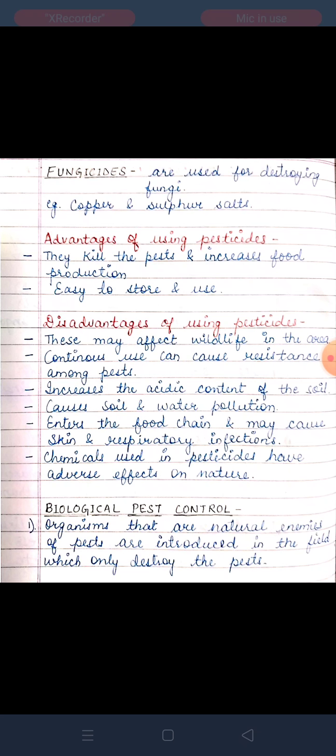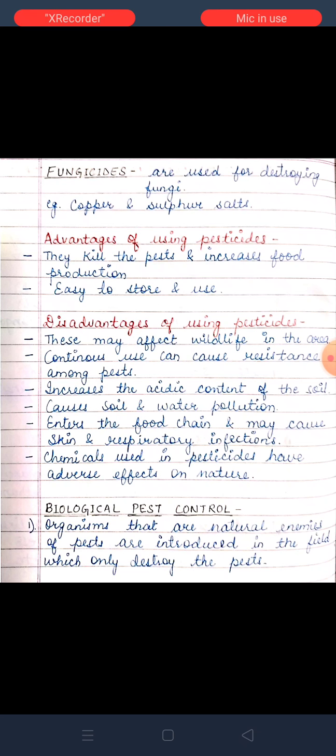Then coming to the third point, increases the acidic content of the soil. As they are chemicals, they increase the acidic content of the soil, and you know that if the soil is more basic or more acidic than normal, then the crop yield is affected. Fourth point is causes soil and water pollution.